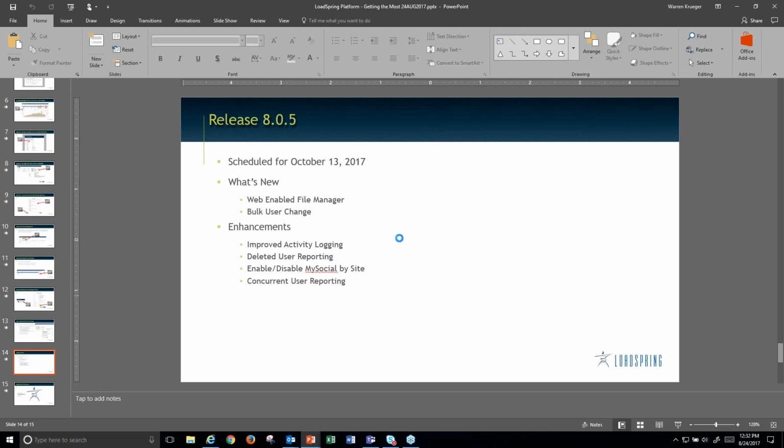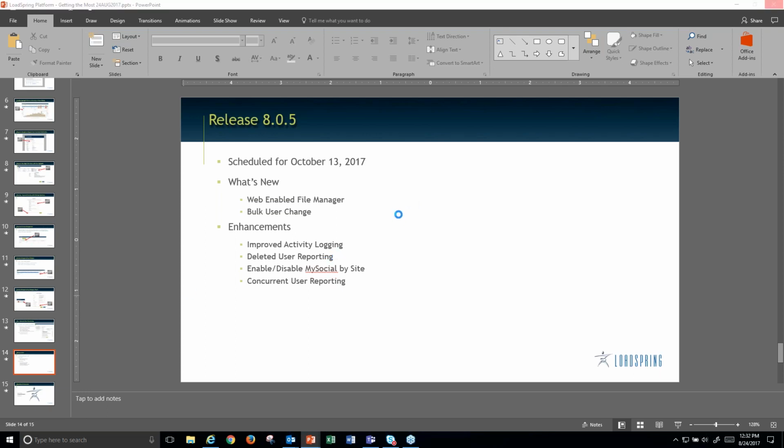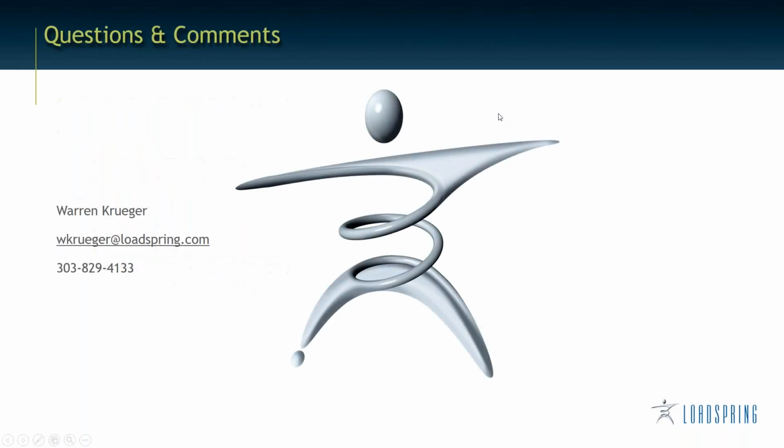Warren, our first question here is, and it was taken care of, but I believe it is relevant to the group. Does a user of the Insight tool have to have a P6 license as well? Well, LoadSpring Insight is a dashboard tool that connects to the applications.